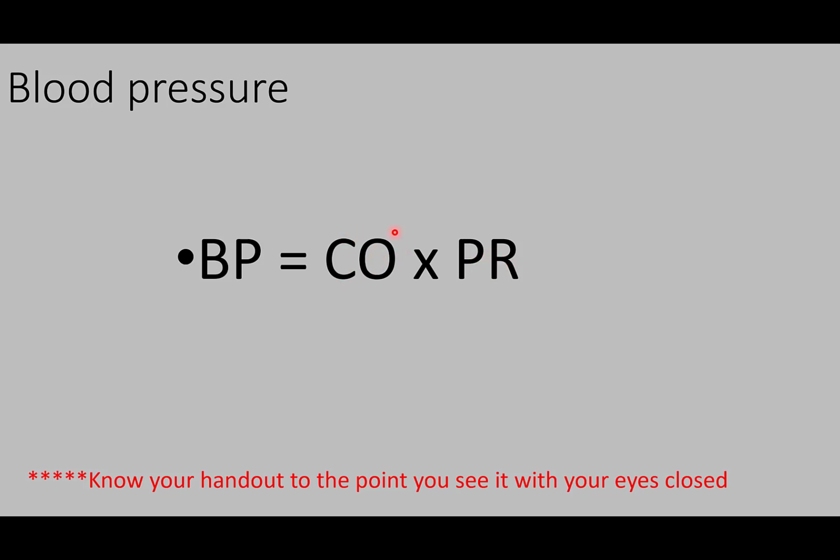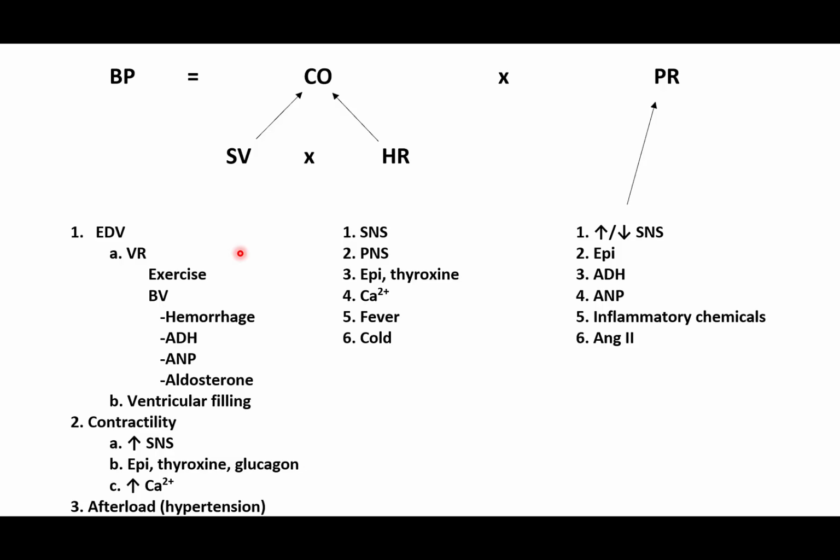Now, if we multiply cardiac output times peripheral resistance, we get blood pressure. But another way to think about that is we have two ways to maintain or regulate blood pressure. Those two ways being cardiac output and peripheral resistance. If either of these two go up or down, if they change, well, blood pressure will change. So let's start taking a look at all of the things that our body is capable of doing to maintain and regulate blood pressure.